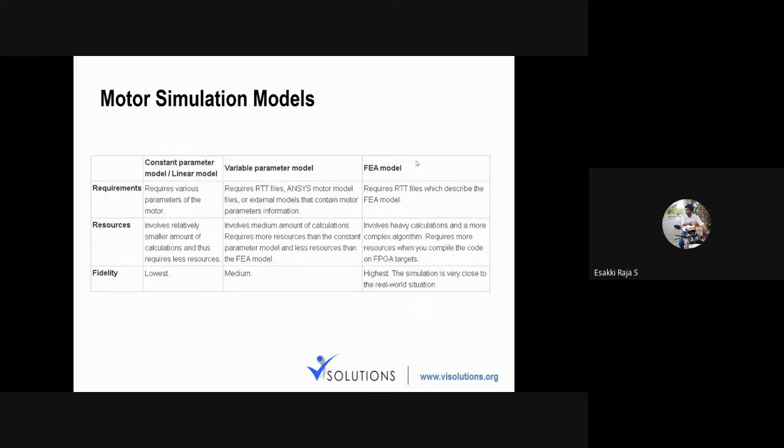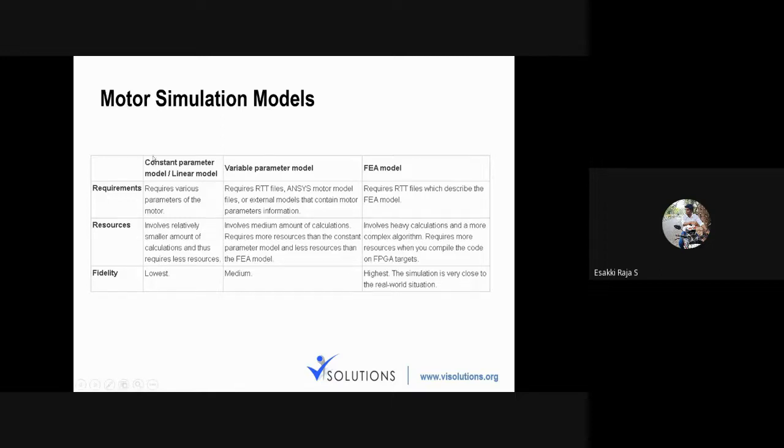The FEA model exactly mimics the actual motor's analysis output, but it needs higher memory to process it. The constant parameter model doesn't need higher memory, but its performance won't match the actual one. So as per our requirement, we can choose any one of the models.